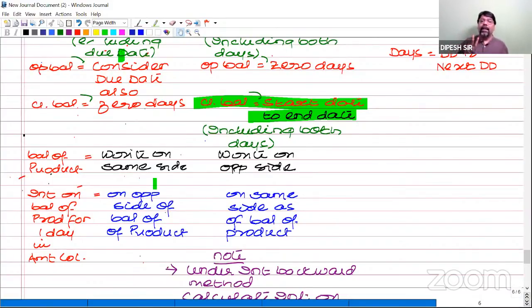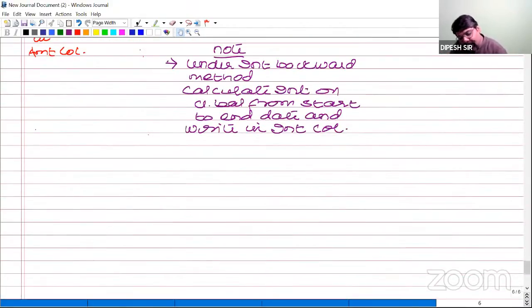There can be two methods. Let me write it. There are two methods over here: product method and interest method, both on closing balance. In the product column, what will you write? Amount into days.